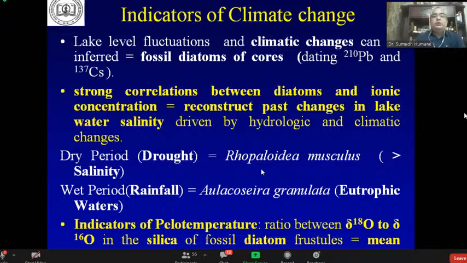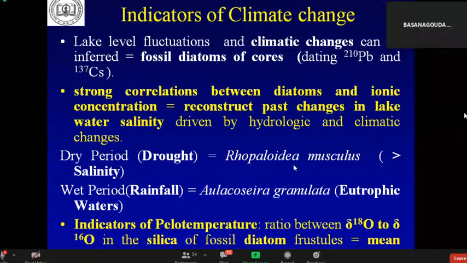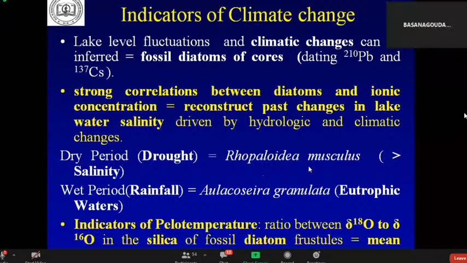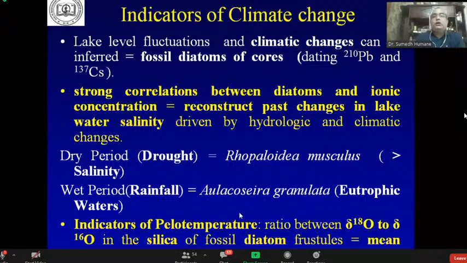For example, you can identify species like Rhopalodia. This is a very good indicator, found in drier areas where you have higher salinity. You can get an abundance of this benthic diatom. Whereas sometimes you get the dominance of Aulacoseira granulata.